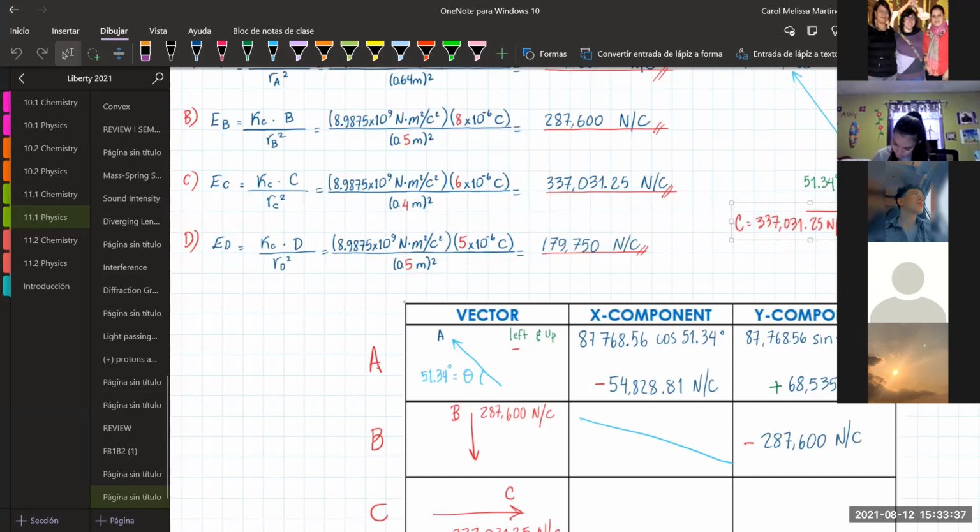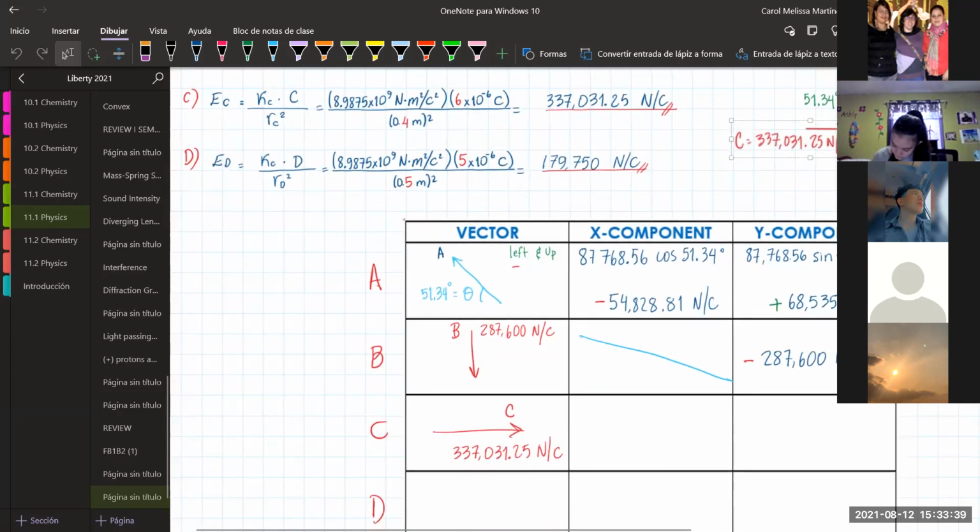Because it's just moving in X, it's not going to have a vertical component. And because it's going to the right, it's going to be a positive value of 337,031.25 Newton per Coulomb.